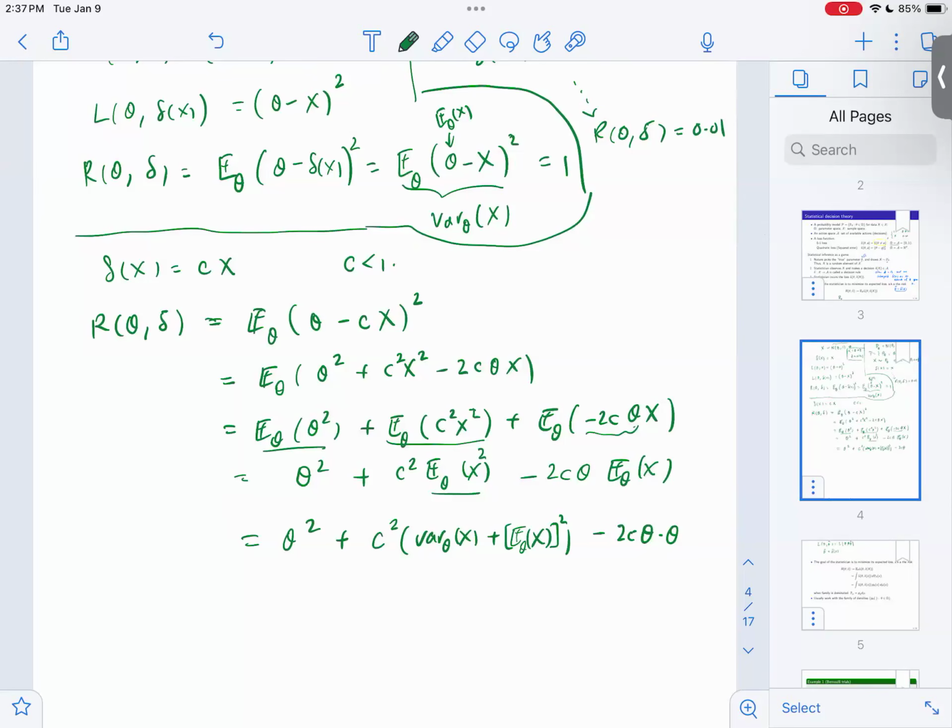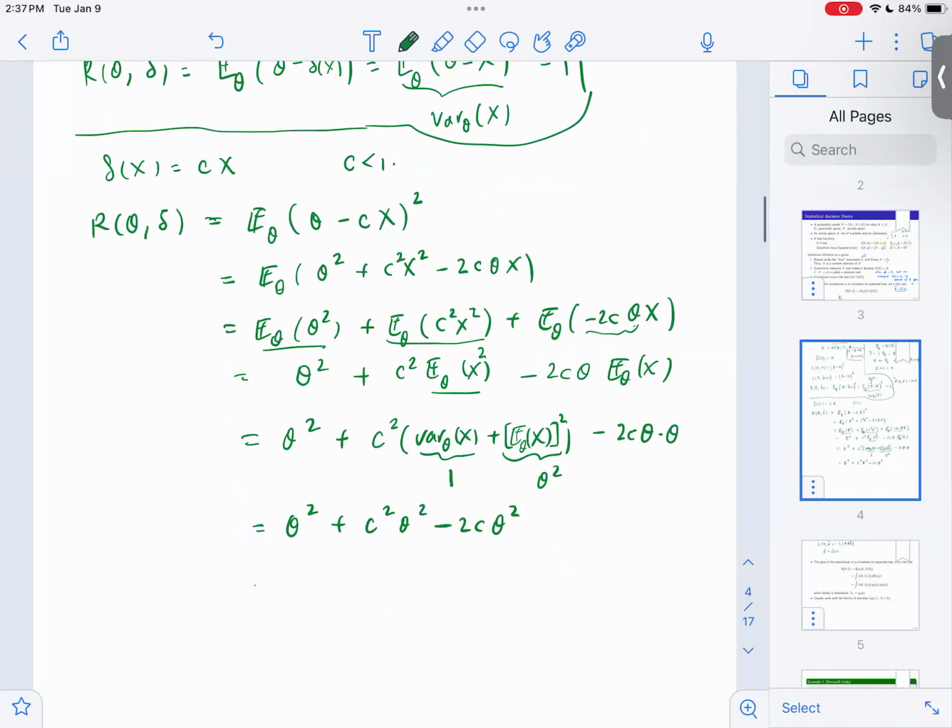So times theta, this would be theta squared. The variance we know is 1. So you end up getting theta squared plus, if I haven't made a mistake, c squared theta squared minus 2c theta squared. Tell me if I'm making a mistake. Is that true?